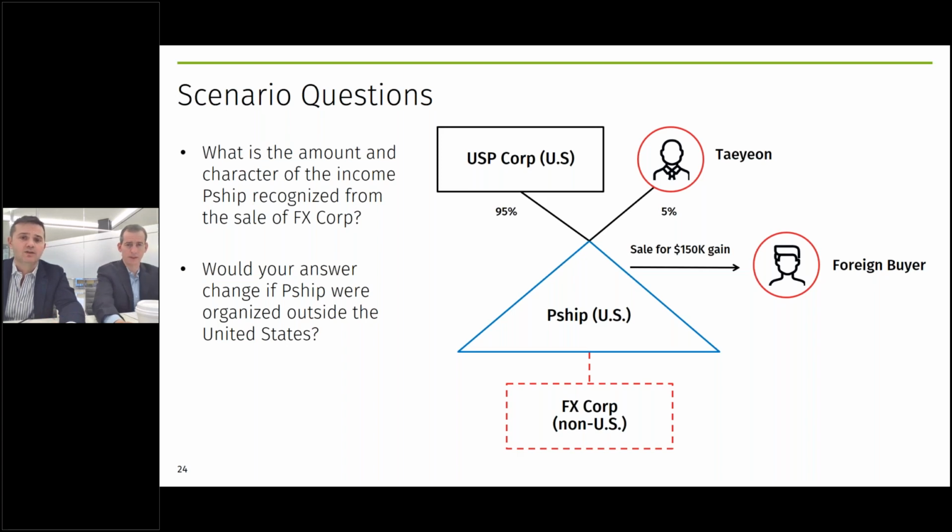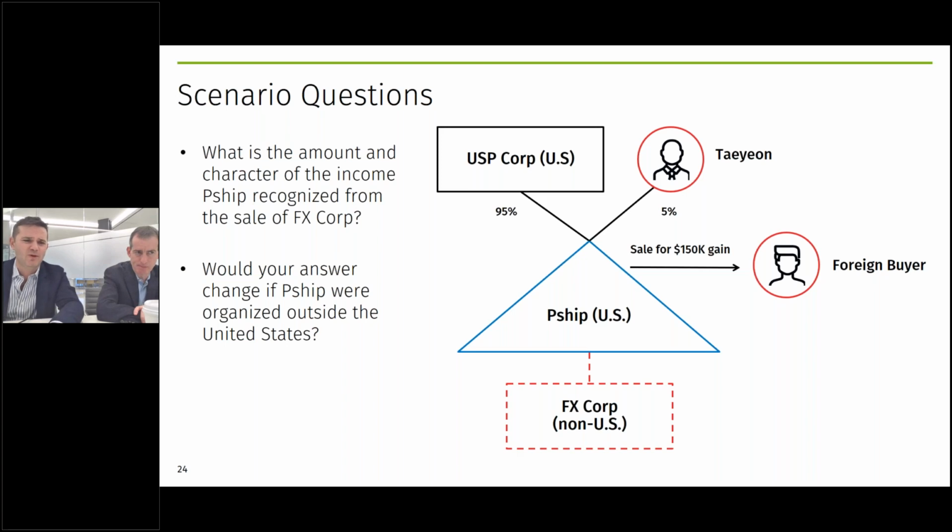But because it's held by the domestic partnership, the 1248 recharacterization is determined there. So 2/3 of her gain is going to get recharacterized as a dividend, which frankly might be bad for Taeyang, because it's not straightforward that that's going to get the preferential dividend rate. So it's potentially an adverse result for Taeyang when she sells out, because she'll have a recharacterization of a dividend that's probably going to get taxed at the ordinary rate.